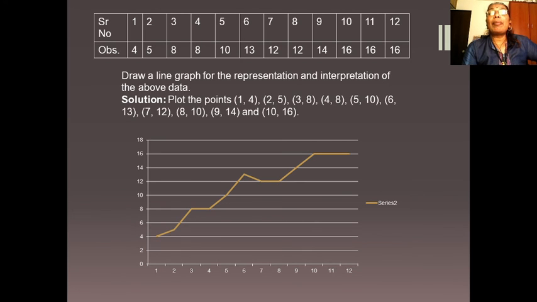Their diagrammatic representation we have to study with the help of a line graph. We have to draw the line graph of these observations. For this purpose, in the solution for the graphical representation, we consider the x-axis and y-axis, and the readings and measurements are given on them.